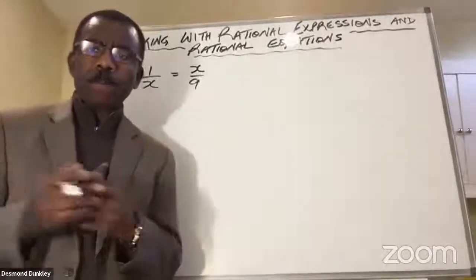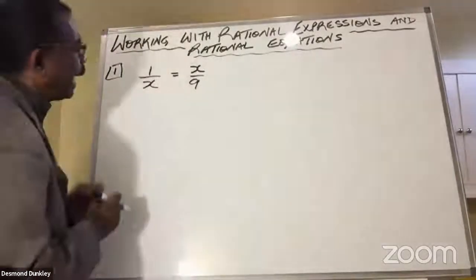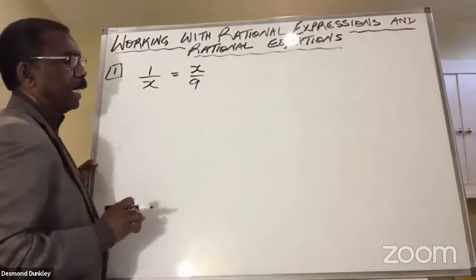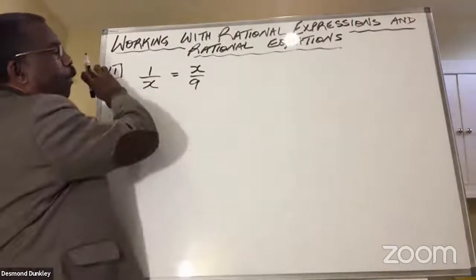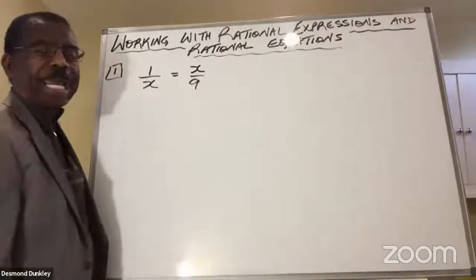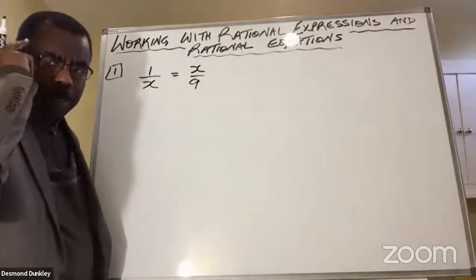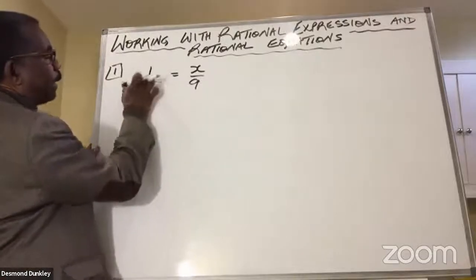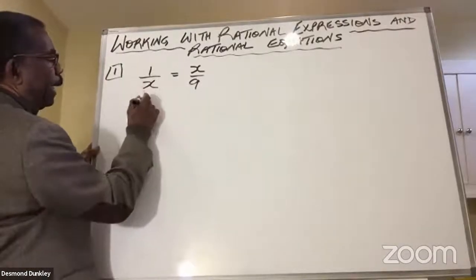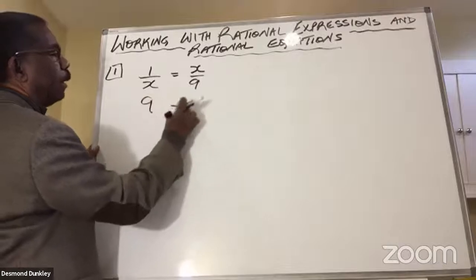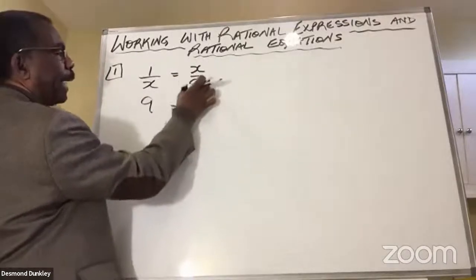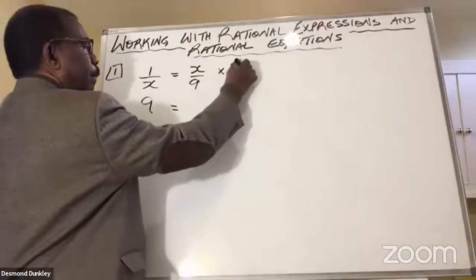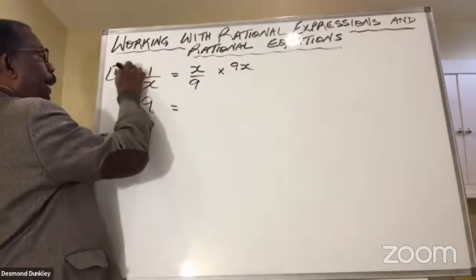To make it simple, in order for me to get rid of the denominator x and the denominator 9, I need to multiply the whole thing by 9x, which is the common denominator. Think about it. So if I multiply the left-hand side by 9x, I get 9 equal to, when I multiply this by 9x.